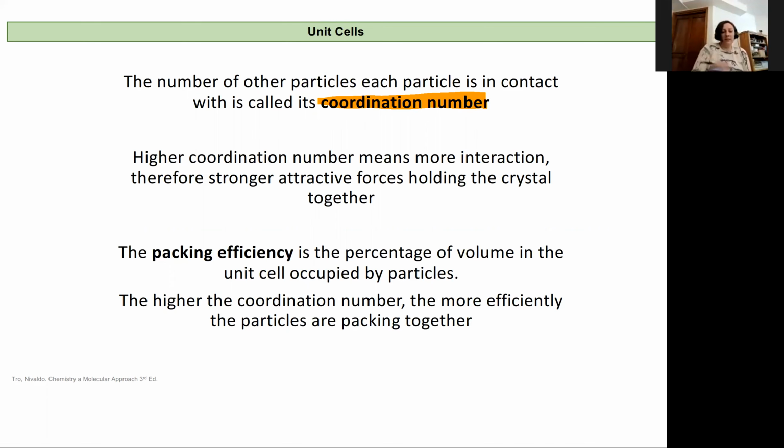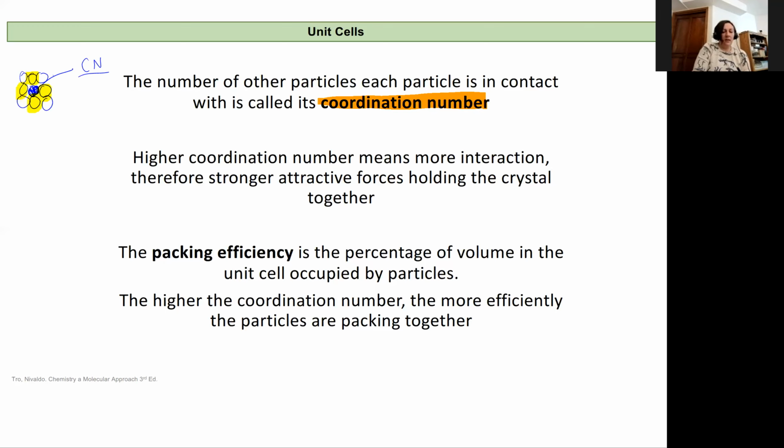So if I have a really simple structure of just atoms packed next to each other like this, and I focus on one of them, I'll shade it in here. And I ask how many atoms are touching that one atom. That would be my coordination number. So here, my coordination number, I have 4 that are touching it. 1, 2, 3, 4.